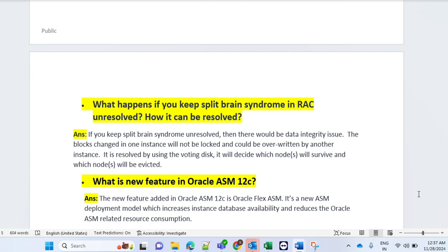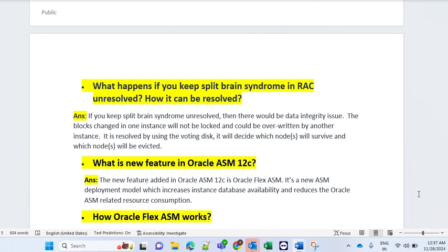What is the new feature in Oracle ASM 12c? The new feature added in Oracle ASM 12c is Oracle Flex ASM. It's a new ASM deployment model which increases instance and database availability and reduces Oracle ASM-related resource consumption.